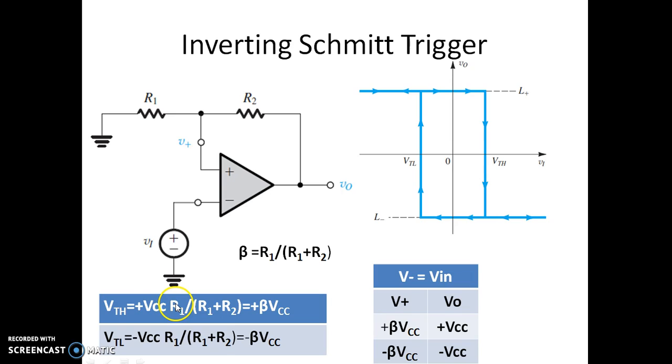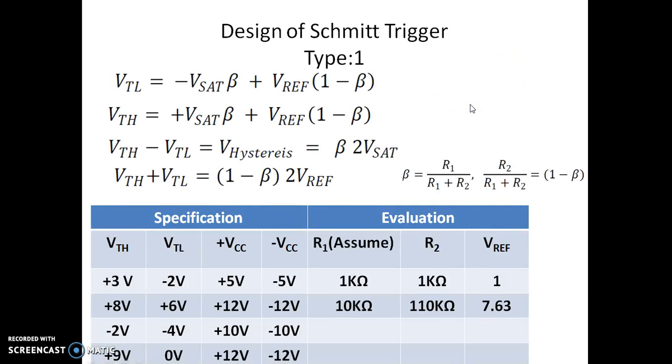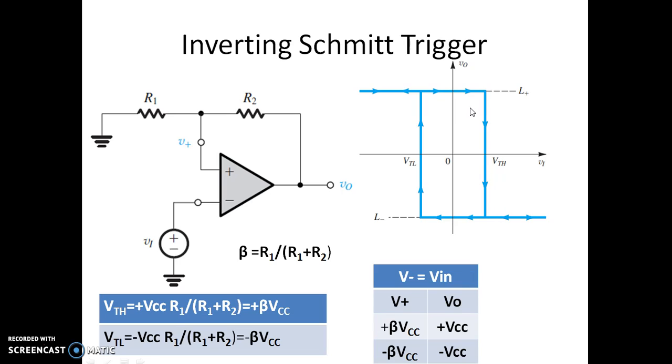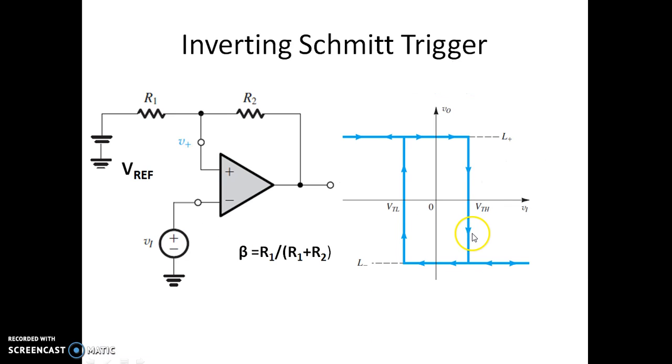If the input exceeds this VTH, as you can see, this is the input connected to the inverting terminal, so V minus becomes more than V plus, then the output makes a transition from plus Vsat to minus Vsat.